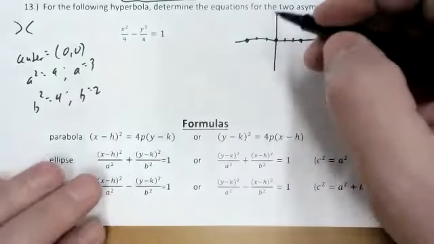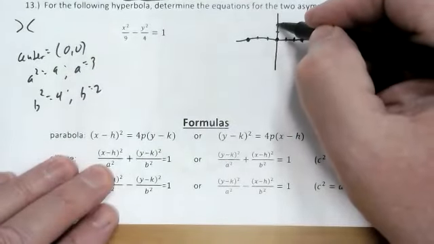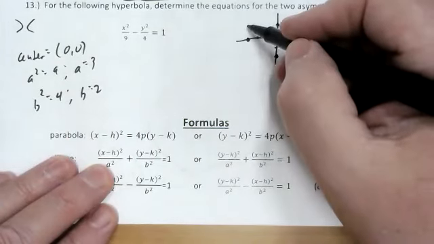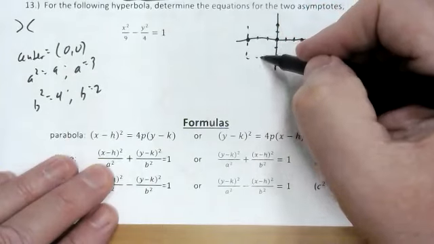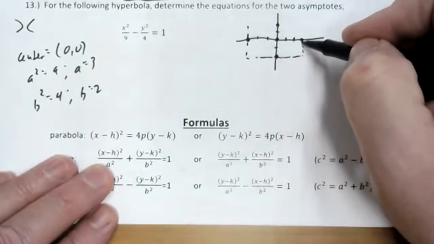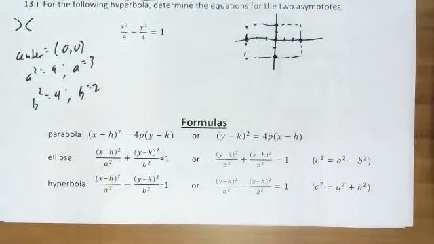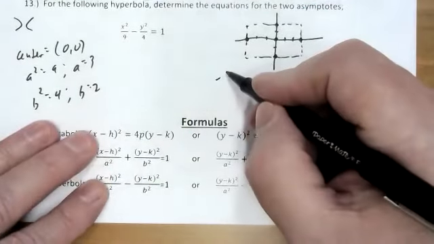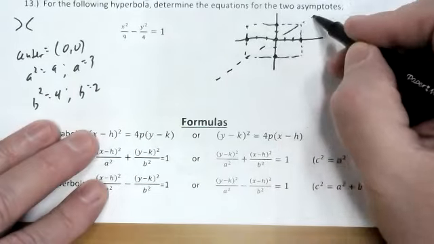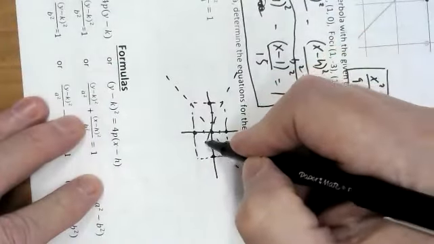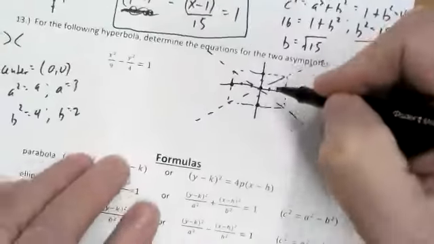And B, I go up and down 2. So then make my rectangular box. Connect the corners through the center. So here are my two asymptotes.